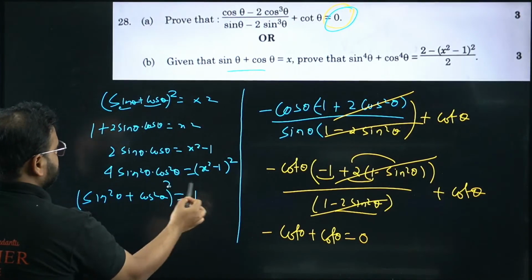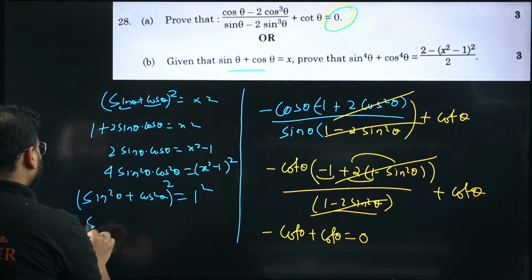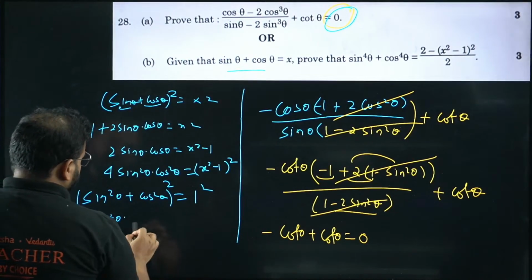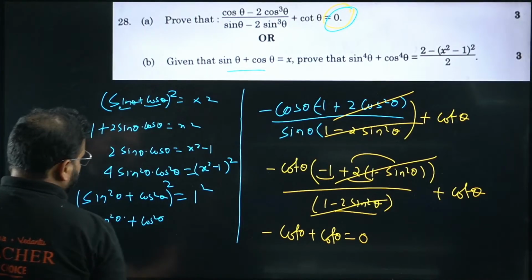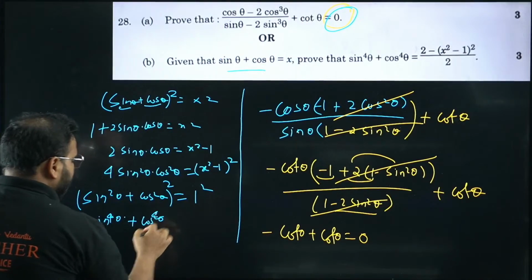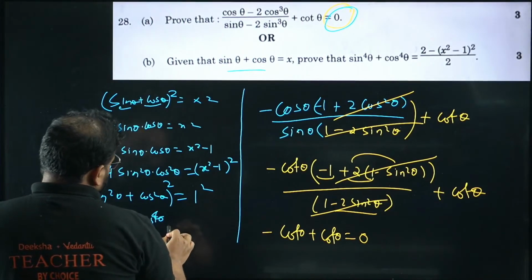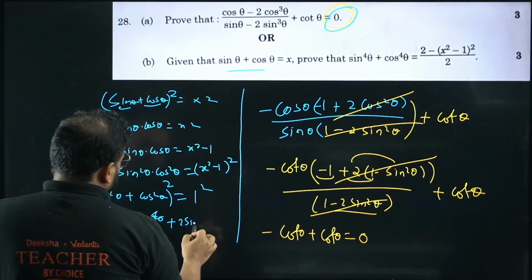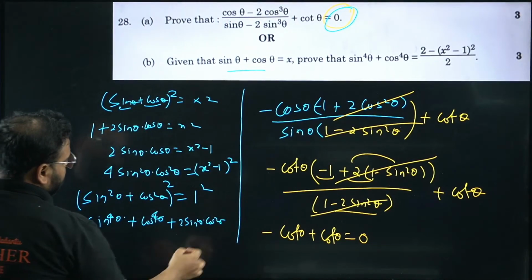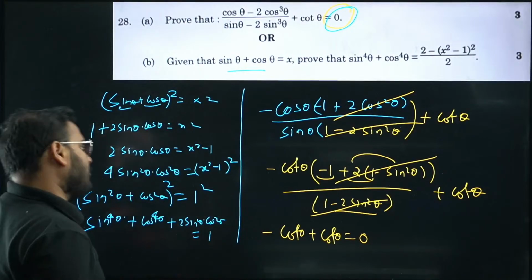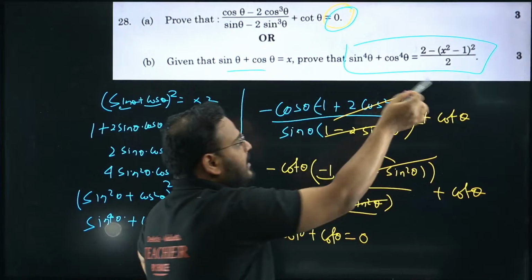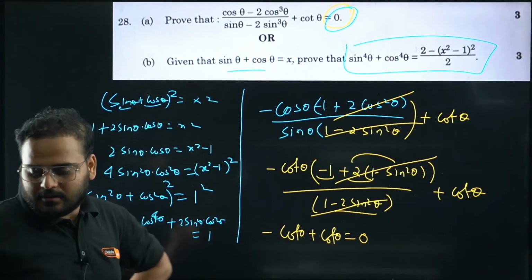Whole square this. You'll get sin power 4 and cos power 4, and you'll have 2 sin square theta cos square theta, equals to 1. Solve this from here. You get this result as very simply 2 minus x square minus 1 the whole square. Please check.